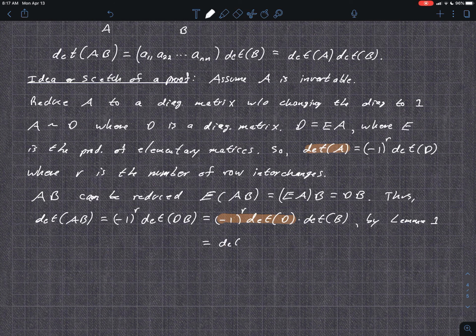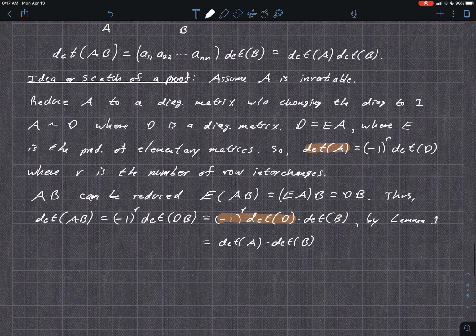And so this equals the determinant of A times the determinant of B, which is what we wanted to prove.